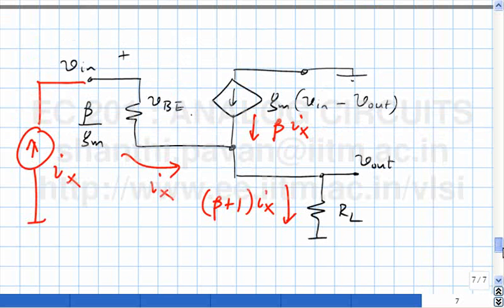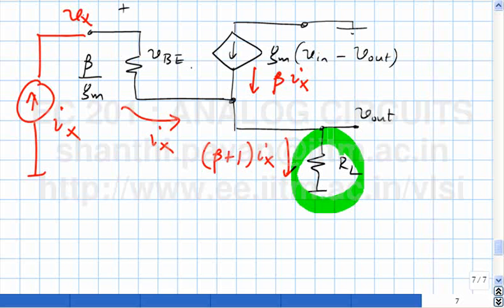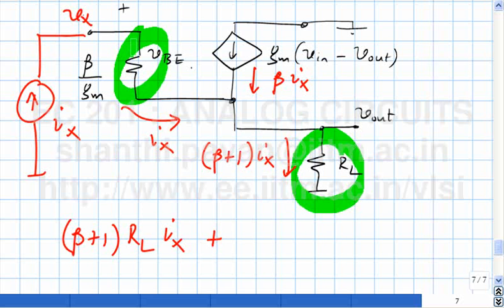So what is the voltage developed, Vx here? It's nothing but the potential drop across this resistor, which is beta plus 1 times RL times Ix, plus the potential drop across this chap, which is beta by Gm times Ix.